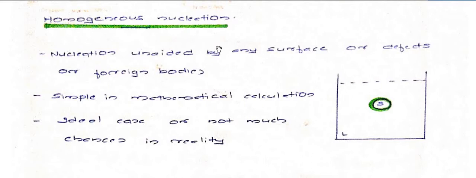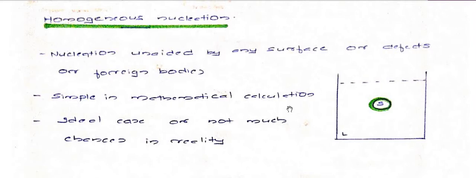Okay, let us begin. Now let's once again see homogeneous nucleation. We have seen that it's unaided by any surface, defect or foreign bodies, because it is a pure thing: there are no foreign bodies, no wall surface or alien surface, so it is exclusively formed within our liquid.